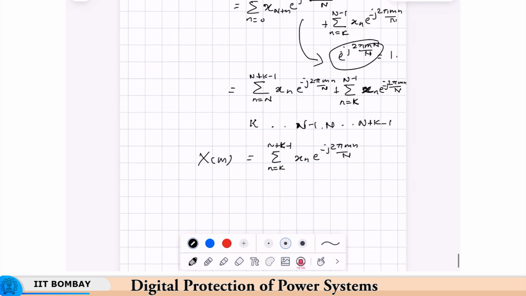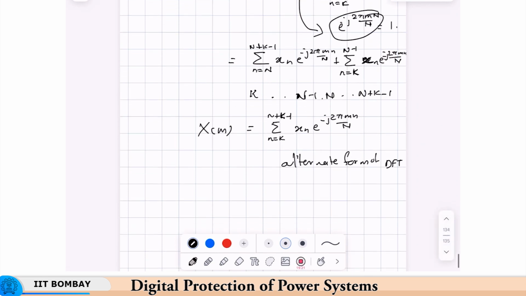Okay. So, this is an alternate form of the DFT. Instead of going from 0 to n minus 1, we are going from k to n plus k minus 1, still taking n samples only.